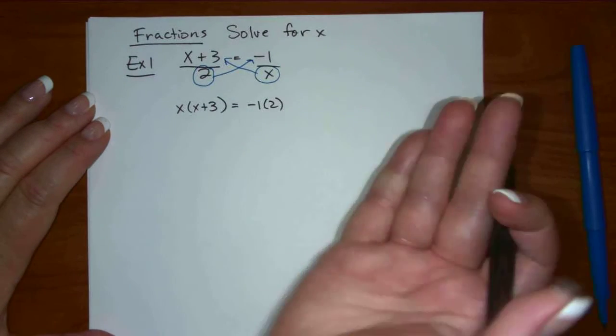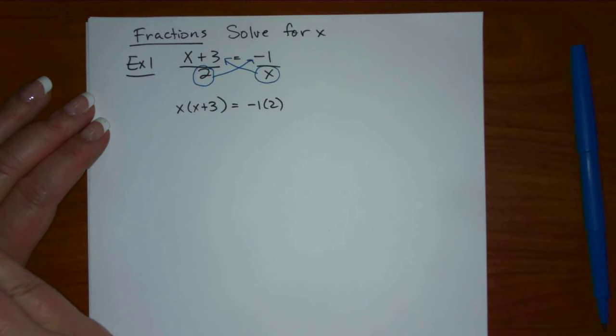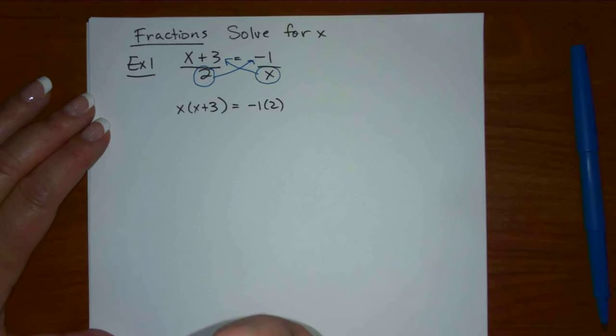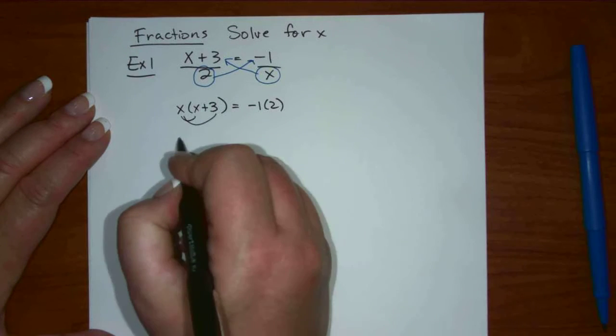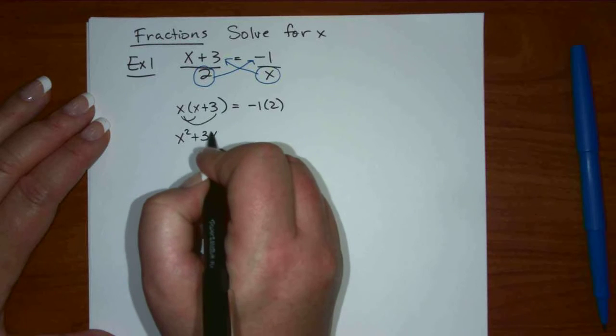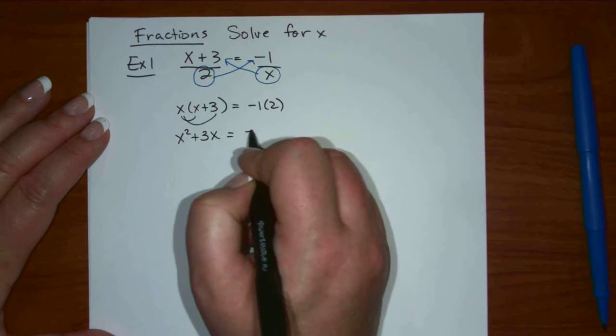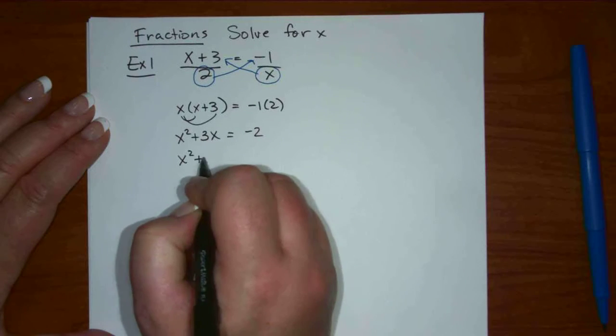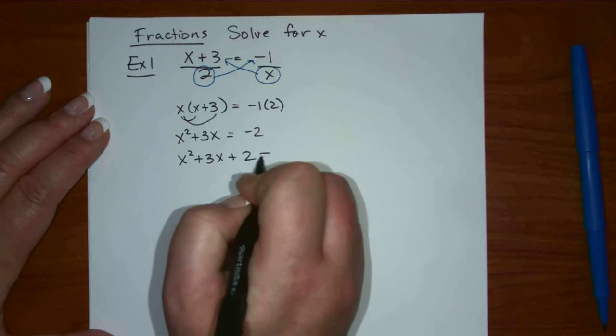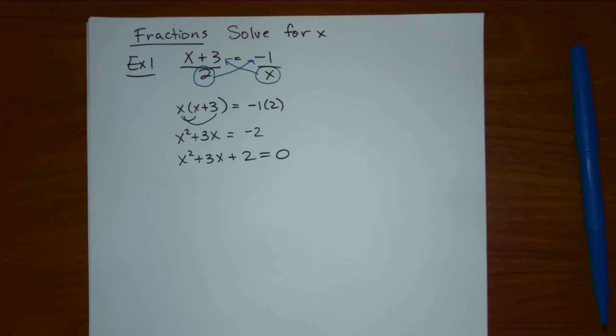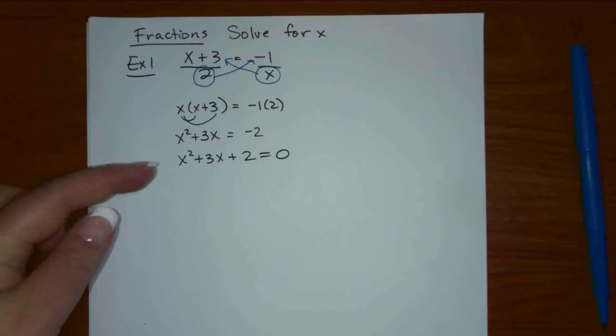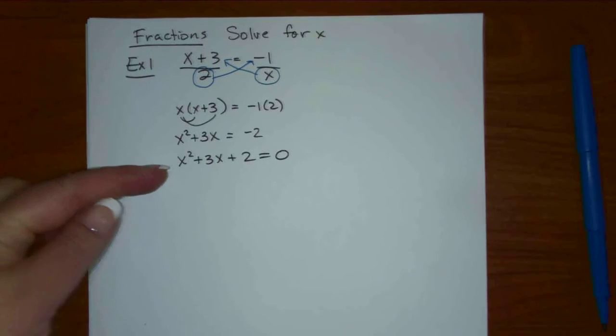So how do we solve this? We need everything to be on one side equals 0, and then we either factor or use quadratic equation. So let's multiply this out. Minus 1 times 2 is minus 2. And there it is. So this fraction comes down to finding the answers to this. They'll work in the original.